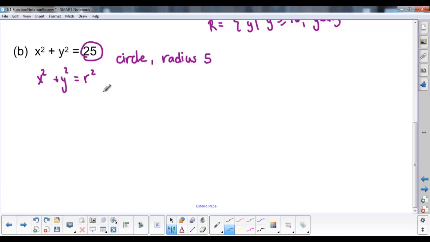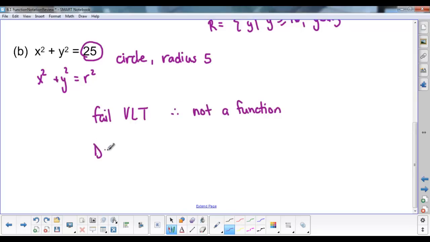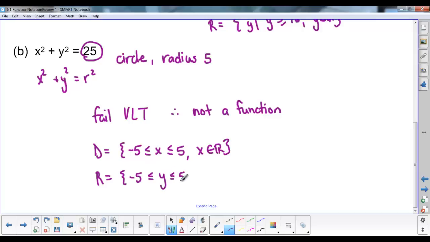A circle centered at 0, 0 with radius 5 is going to fail the vertical line test, so this would not be a function, but just for fun, we can still do domain and range. Since it's centered at 0, 0 with radius 5, our x values only go between -5 and 5. And the same for our y values. Our lowest point would be -5, and our highest point would be 5.